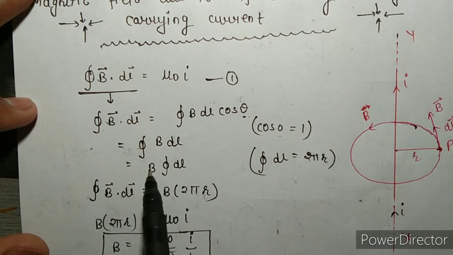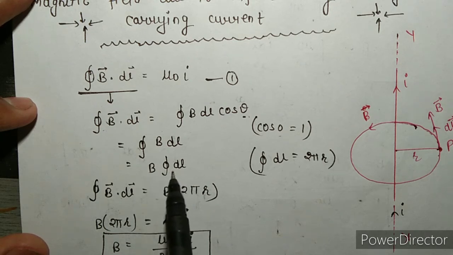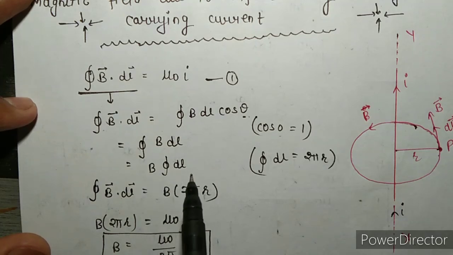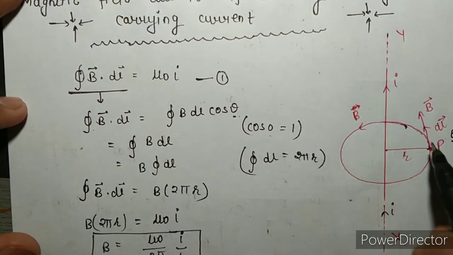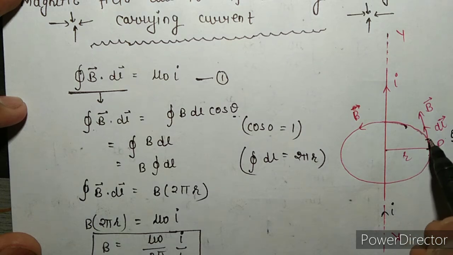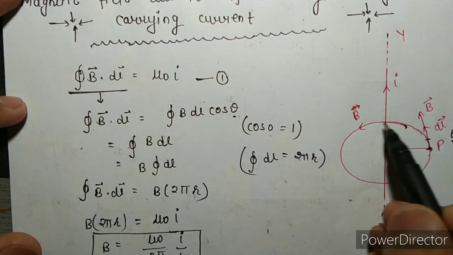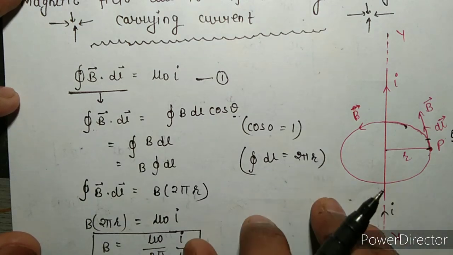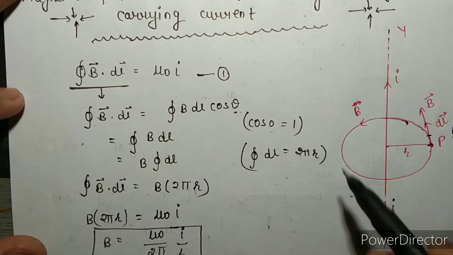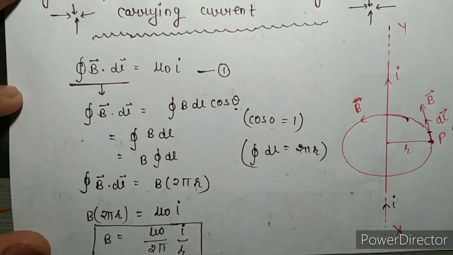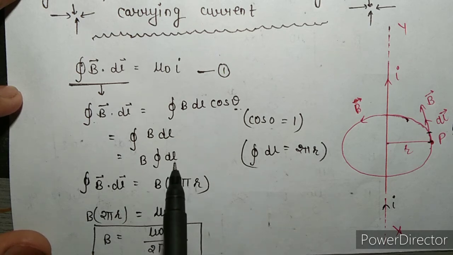So B is taken out from this closed integration, and the closed integration is acting on dl, and we know that dl is the small part of this circular loop, and the integration of dl through the closed loop means the circumference of this loop, and the circumference of this loop is 2 pi r because this is a circular loop.